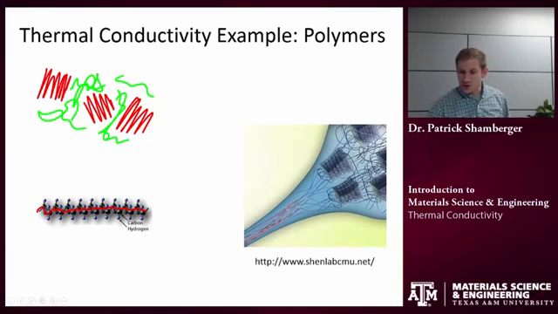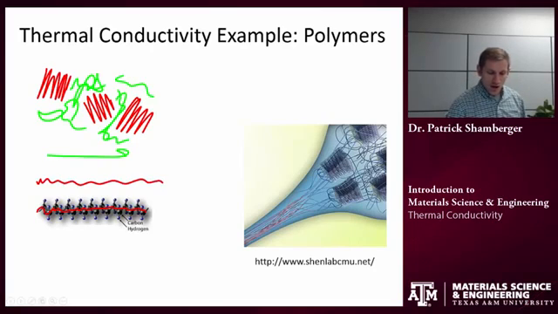So if I want to transport heat through this material, how does it have to be transferred? A lot of these bonds that I'm going to see are going to be the relatively weaker van der Waals secondary bonds between polymer chains, right?